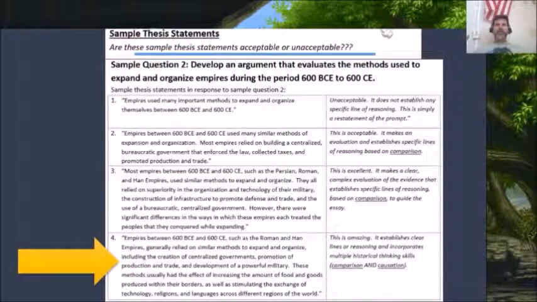It actually goes into causation as a sort of after effect of the similarities that are found through comparison. So all of these skills coming together make a really complex and good thesis. But once again, this is not the required level of complexity, but this is a really, really good thesis.